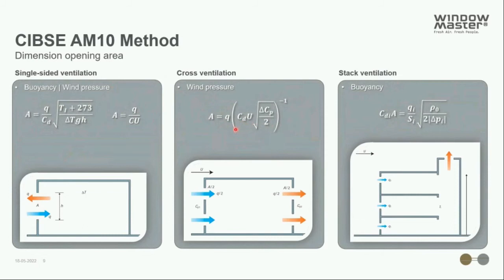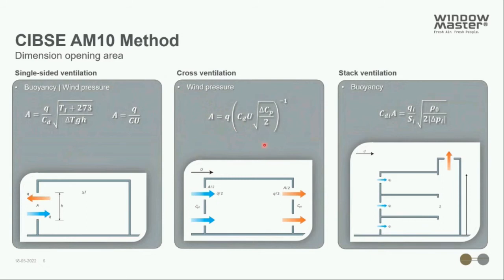It's also important to notice that it's an assumption for these equations that the opening area we find is divided approximately equally between the facades, for example, here in this case with cross ventilation. So these equations are not based on having 80% of your opening area on this facade and 20% here.